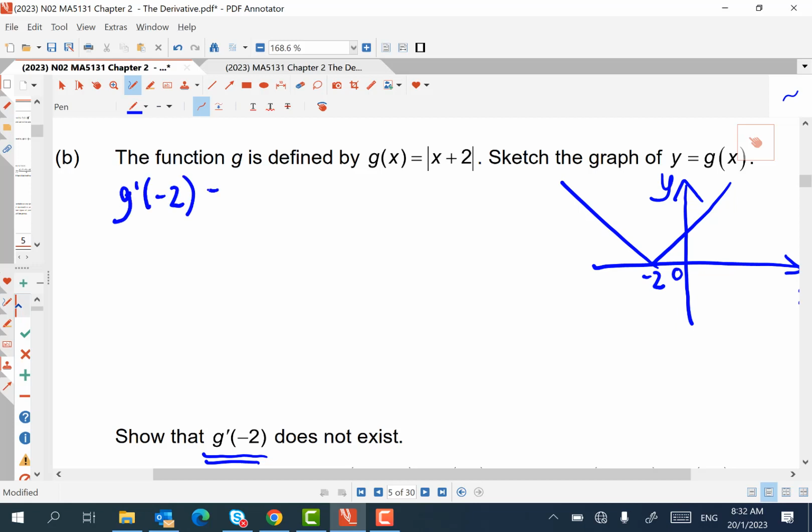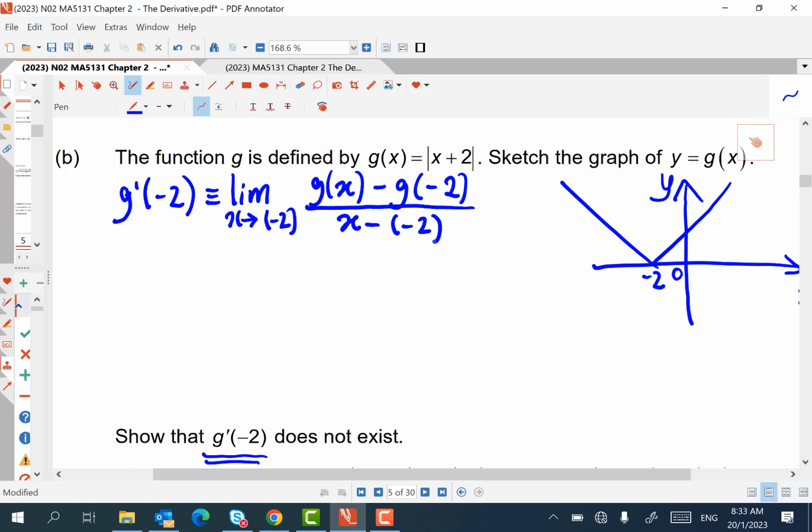Do you remember how to calculate g prime or f prime at a particular point? It will be the limit as x goes towards -2 of g(x) minus g(-2) over x minus -2. Right, so this is what we discussed yesterday. This is how the gradient of a function at a point is to be computed.